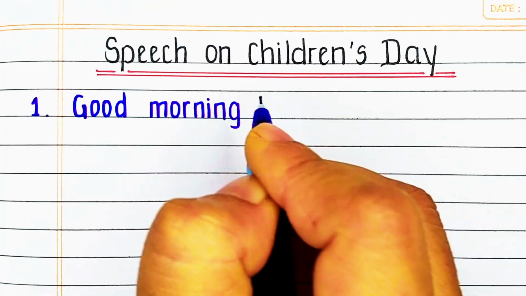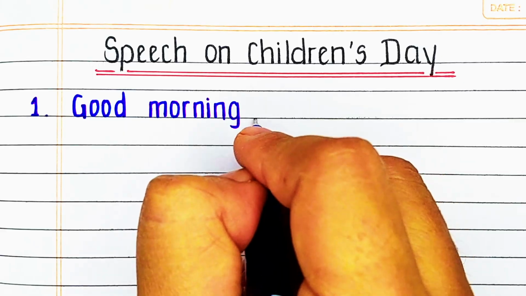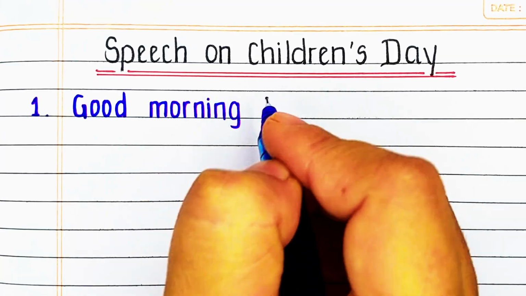Fifth line is: He loved children very much and always wanted to make them happy.